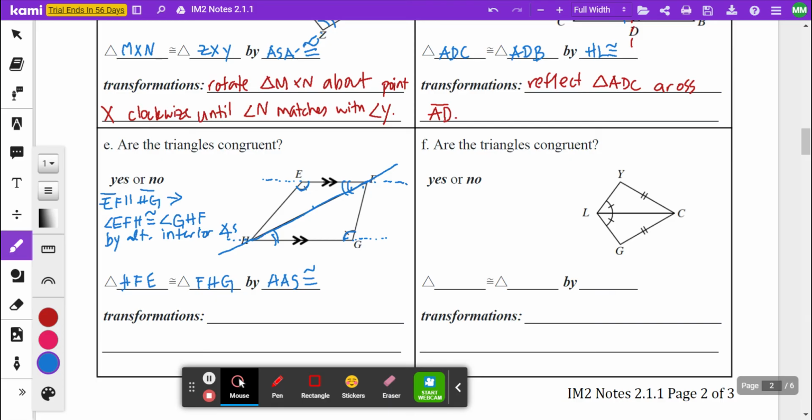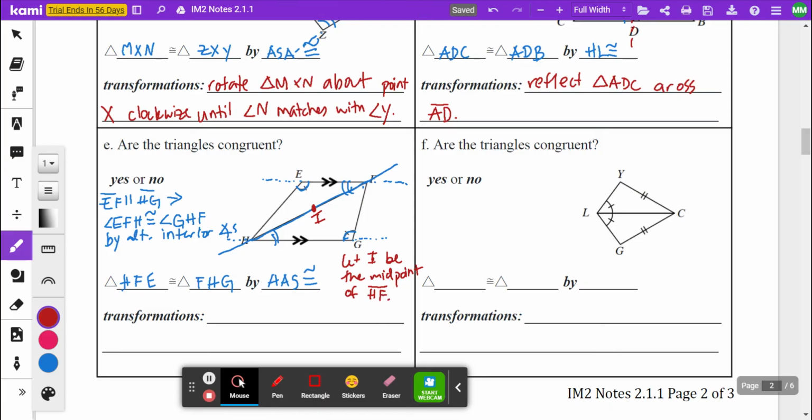So let's think about it. I want F to match up with H. And I want E to match up with G. Okay, I'm going to add another point on this triangle right here, and I'm going to call this A, B, C, D, E, F, G, H, I. And I'm going to say let point I be the midpoint of line segment HF.